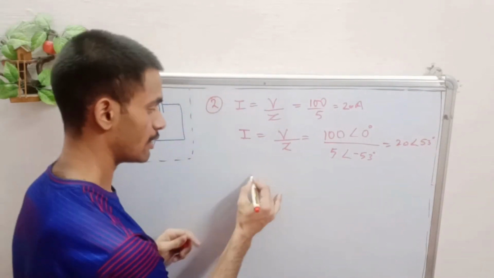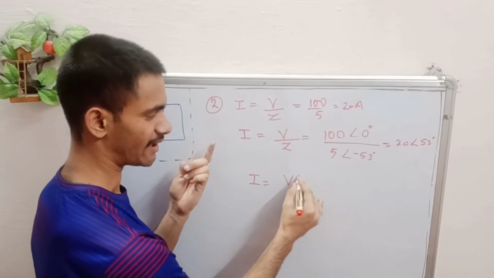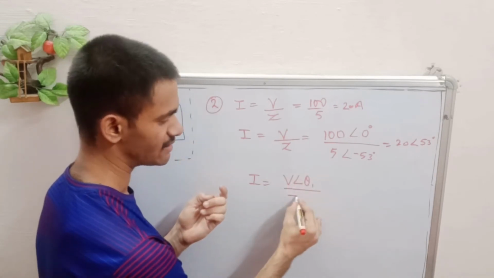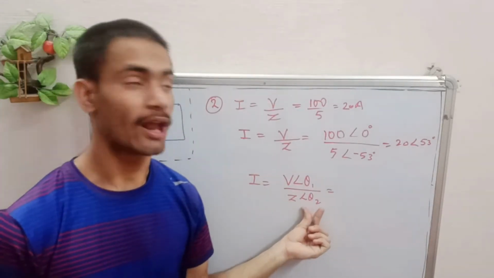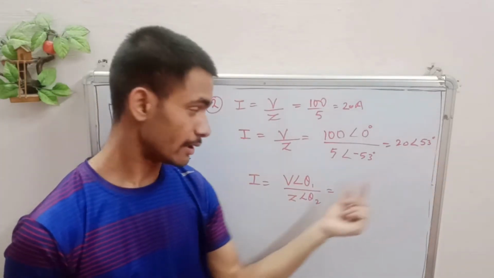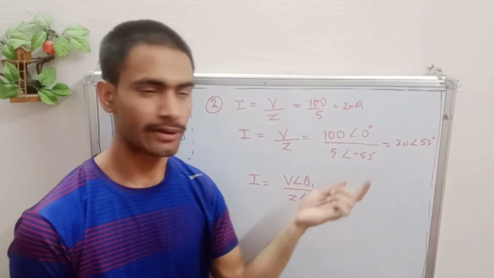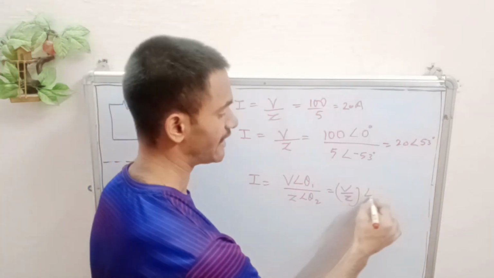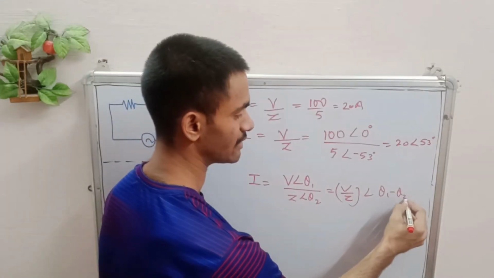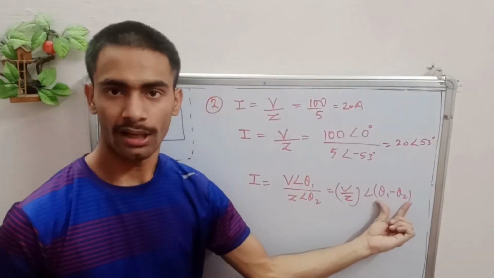Check this out. Let I equal V at an angle of theta 1 divided by Z at an angle of theta 2. What would be its overall angle? Here I am getting 53, so what equivalent would I be getting there? It is equal to V by Z at an angle of theta 1 minus theta 2. Simple.